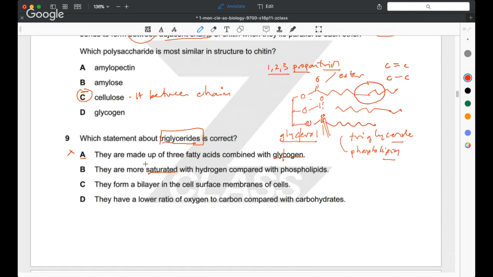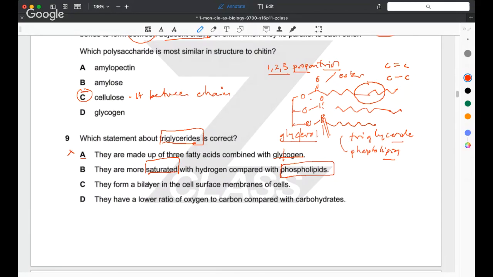And so they're mixing up this idea of saturation with phospholipids, and there's nothing at all related between saturation and phospholipids. But you know, these things might be weakly understood in your mind, and so that's a kind of distractor here in this question in case you don't have a deep understanding of the structure of these triglycerides.